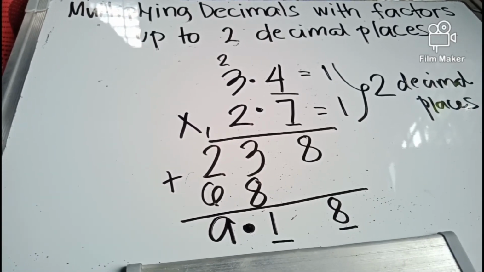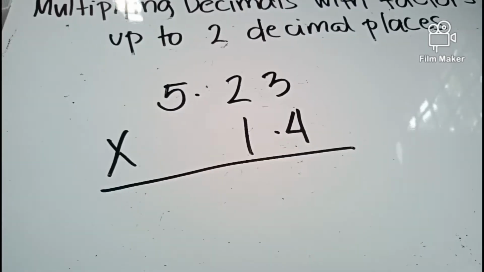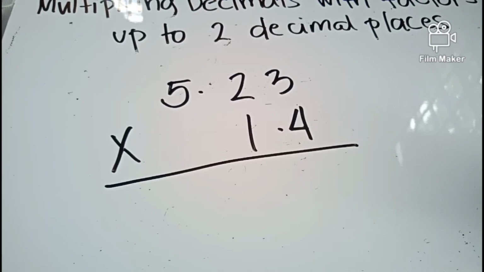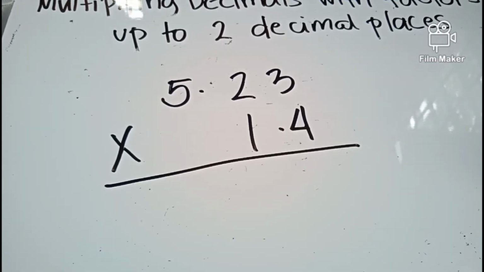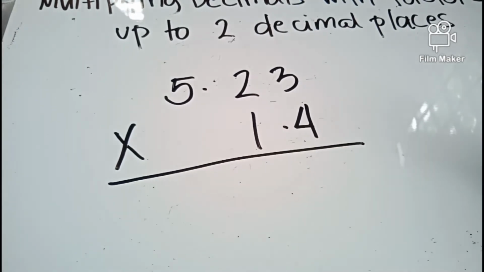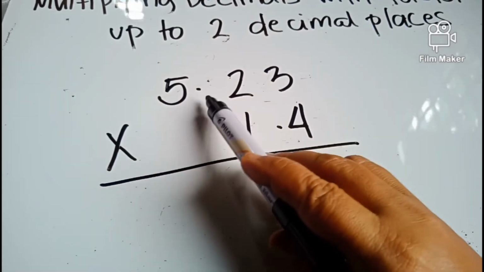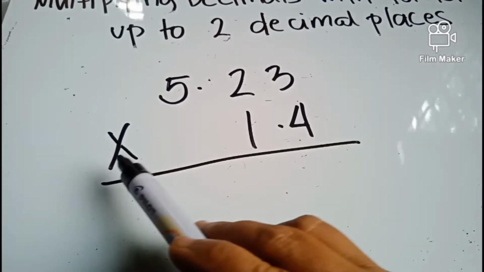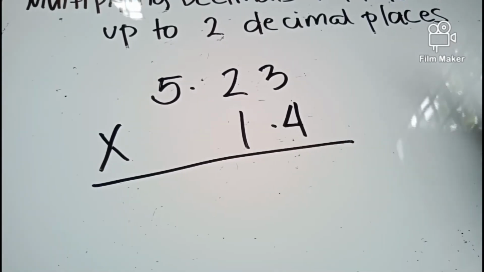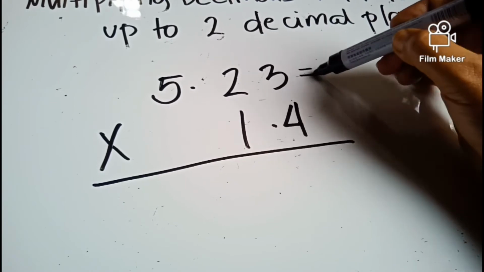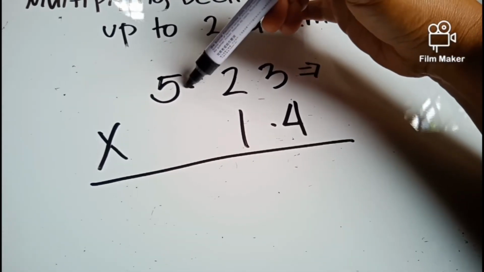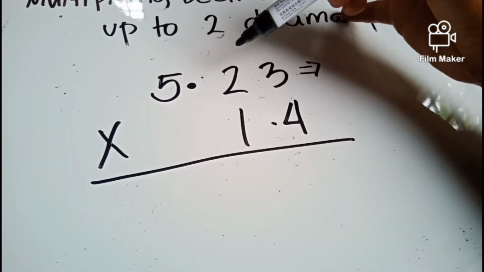Okay, I will give you another example. Dito sa aking last example, kung napapansin ninyo, hindi na to up to 2 decimal places. Pero gusto ko lang itong ituro sa inyo. So, sa factors natin, I have here 5.23 multiplied by 1.4. So, as I have said, we will count the number of decimal places mula sa decimal point.